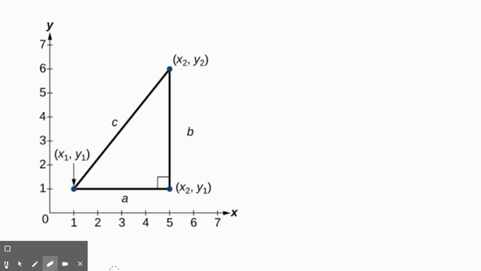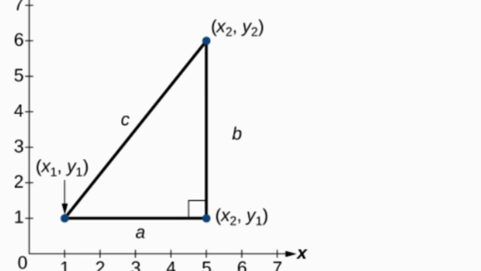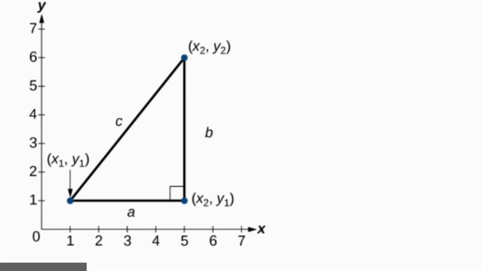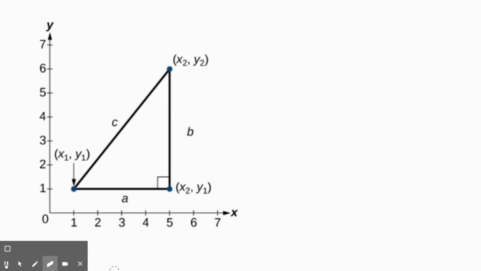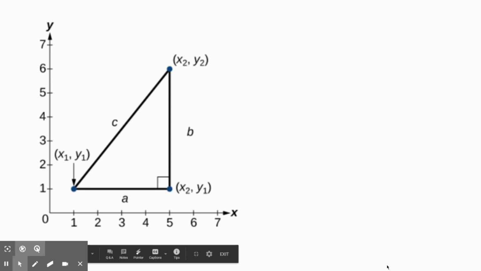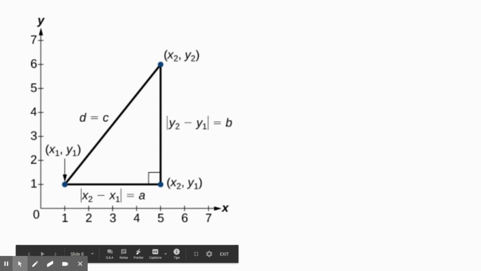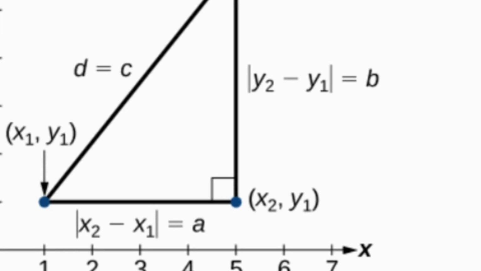The distance formula is derived from the Pythagorean theorem. If we have 2 points, (x1, y1) and (x2, y2), all we have to do is figure out how many units are between x1 and x2, which is just the difference between those two, and how many units are between y1 and y2.